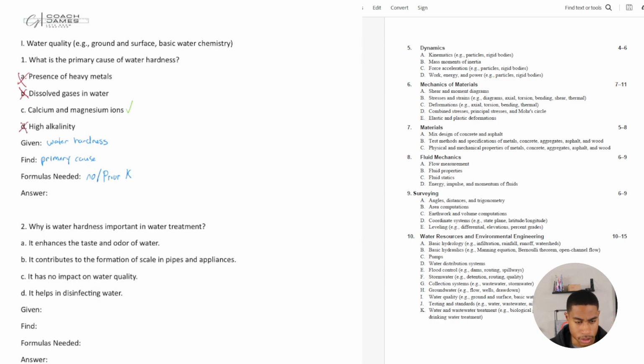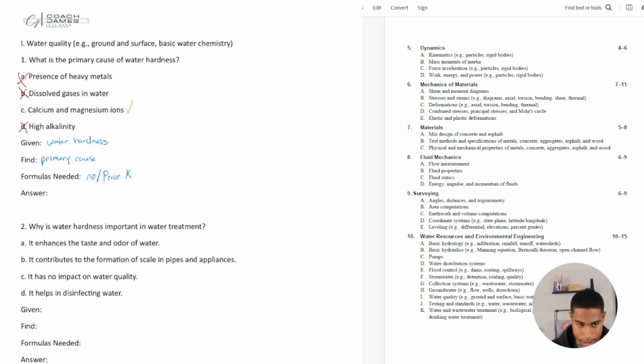And so I made a few notes for this. Water hardness refers to the concentration of calcium and magnesium ions in water. These ions are typically derived from geological formations and can contribute to formation of scale in pipes. So when water flows through the ground, moving through God knows what, these ions get in the water.